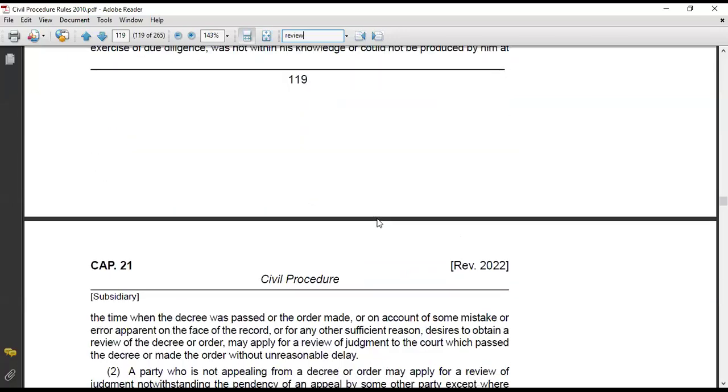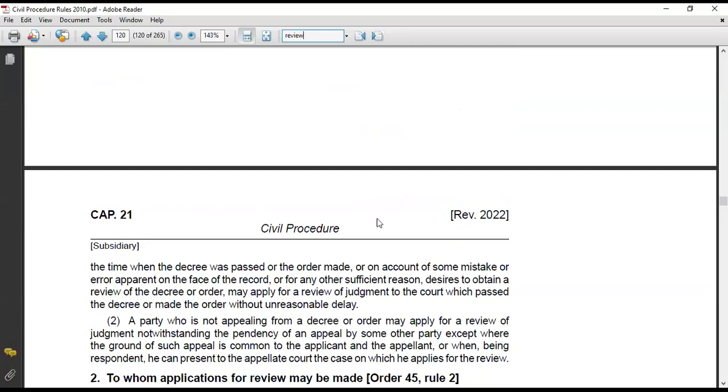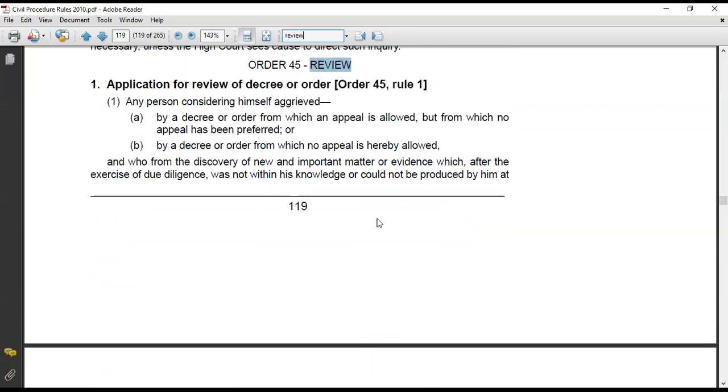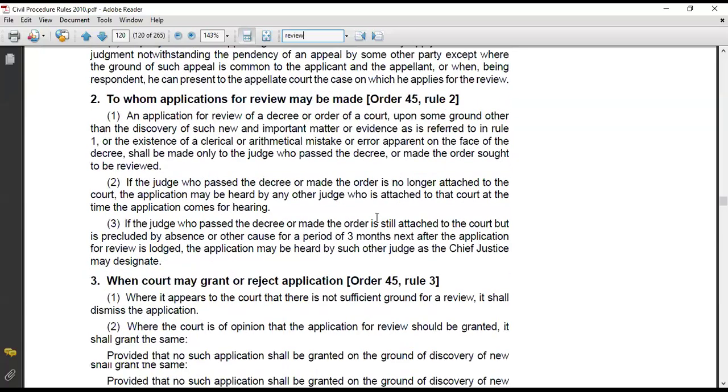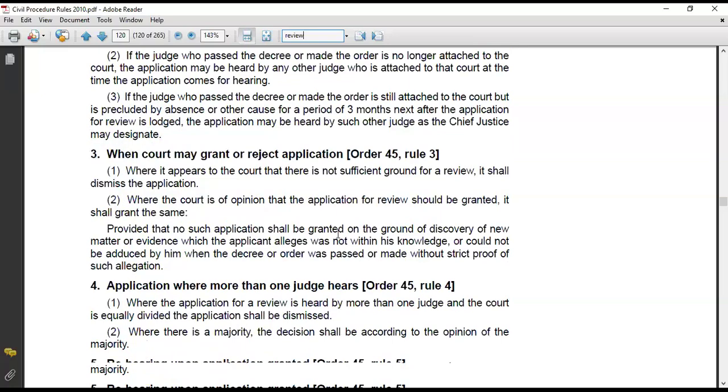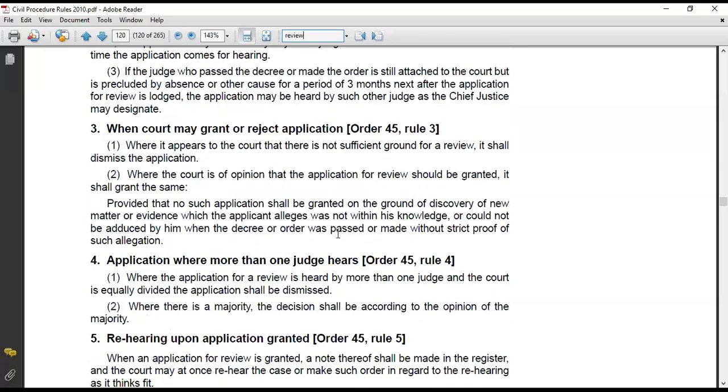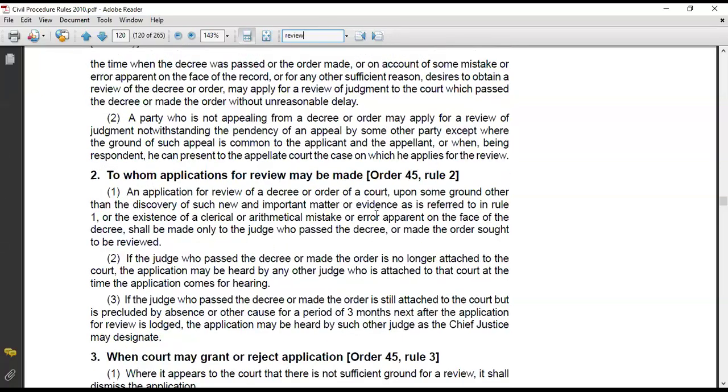And the answer is very simple. According to the interpretation of Order 45, a party who has applied for review cannot at the same time apply for appeal. Yeah, that was the answer.